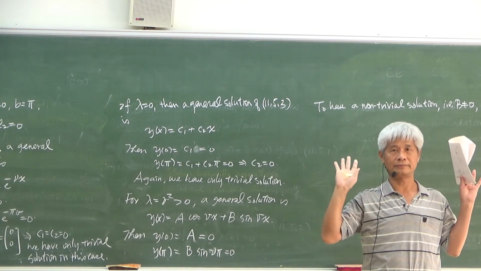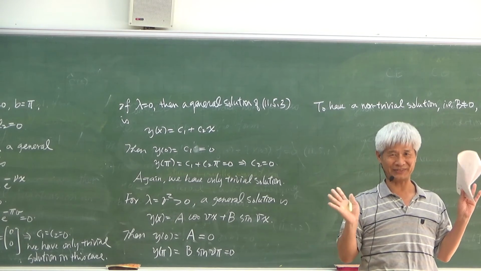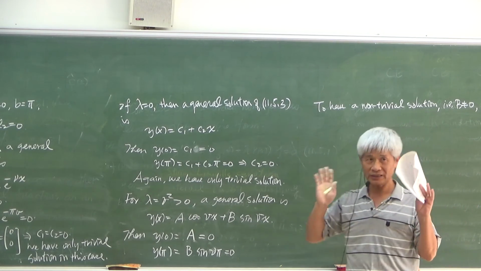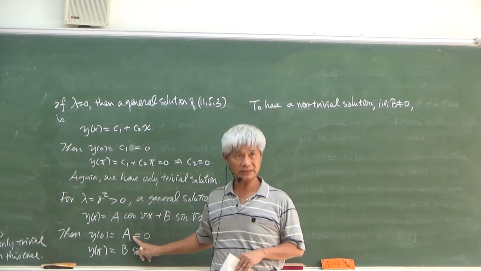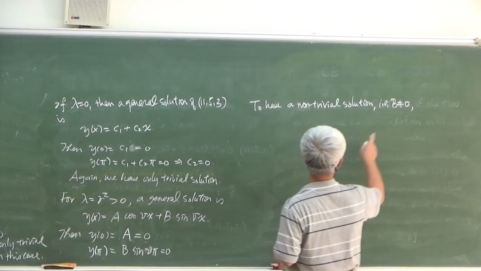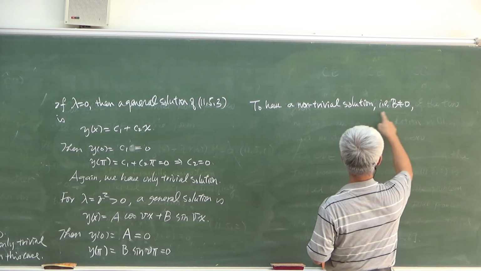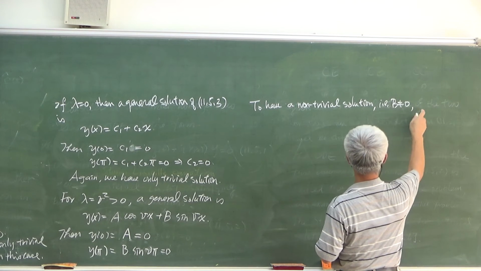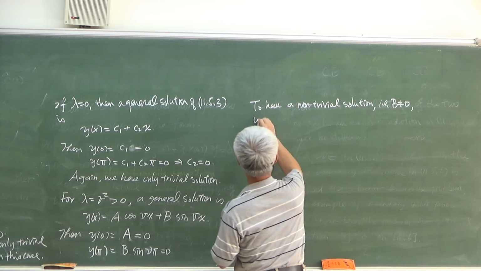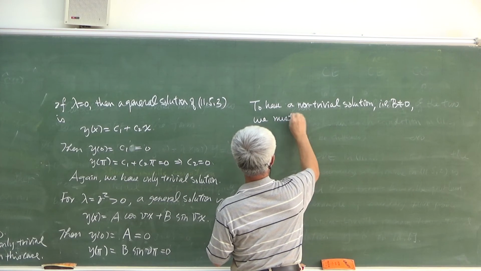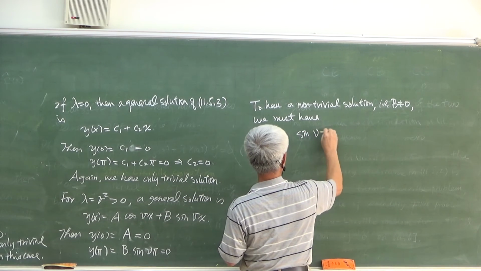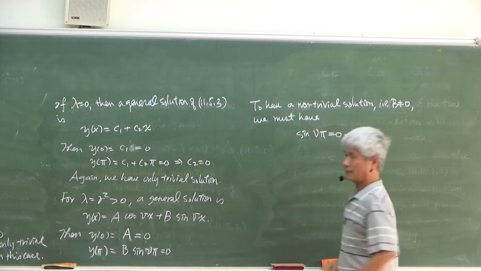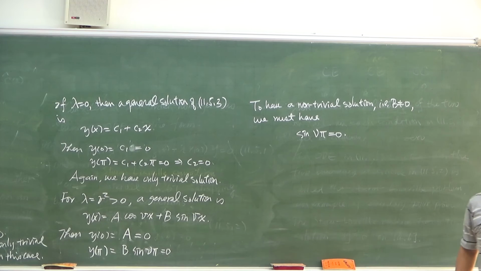To have a non-trivial solution means that B cannot be 0, because A already must be 0. So we must have sine mu pi equal to 0.